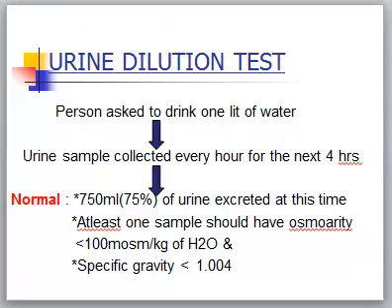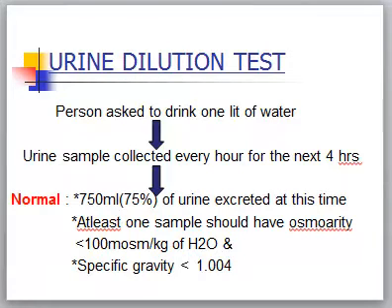Hourly urine samples are collected for 4 hours for determination of the volume, specific gravity and osmolarity of each sample. Normally the person will excrete the total water load in 4 hours, and the specific gravity of at least one sample should fall to 1.003.